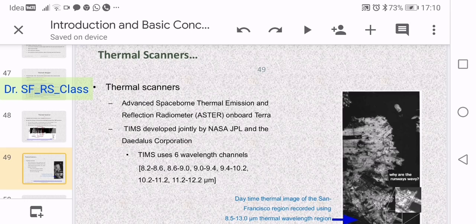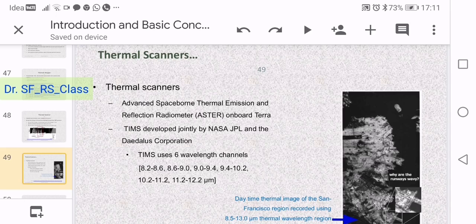Well, the Terra satellite has got ASTER, the thermal scanner, and it's capable of creating a lot of thermal images of the globe, and even we have got three-dimensional or the digital elevation models generated out of the ASTER data.